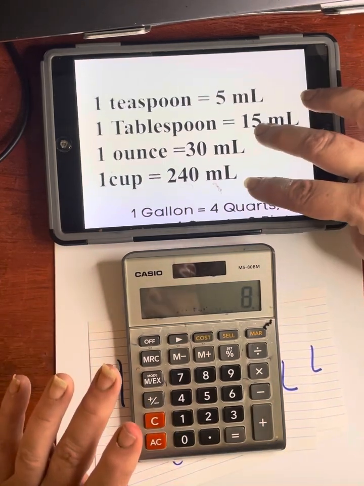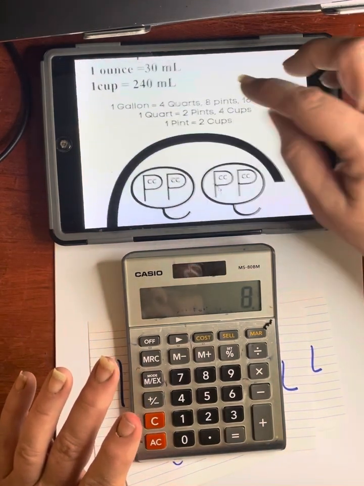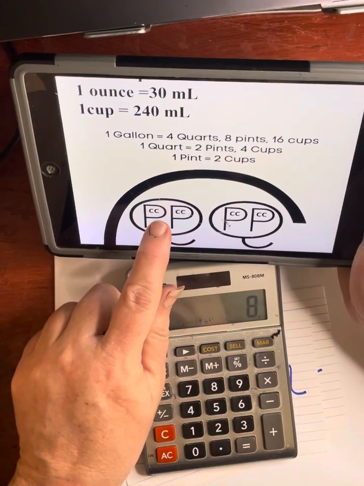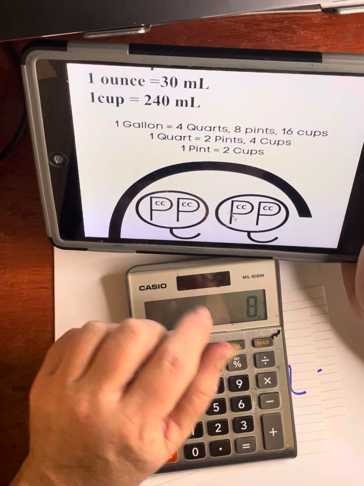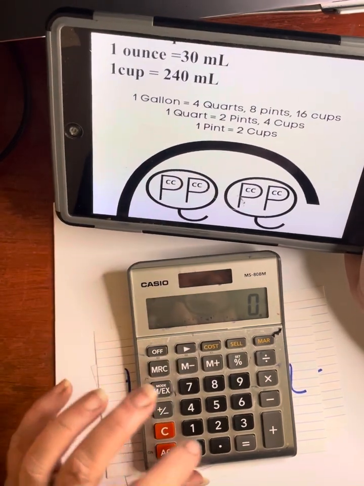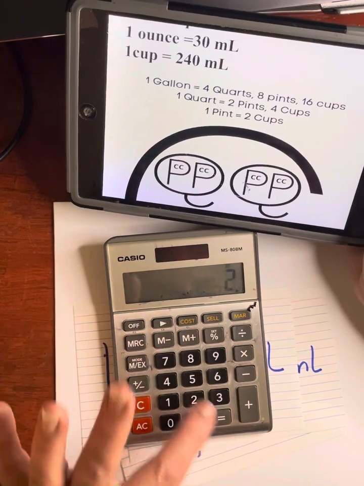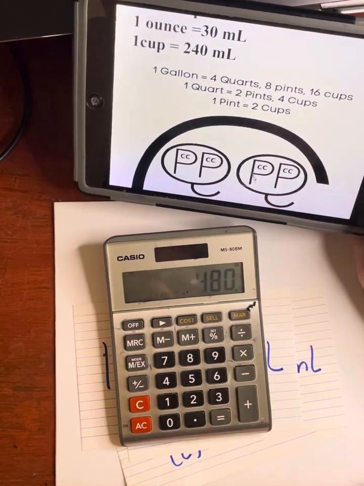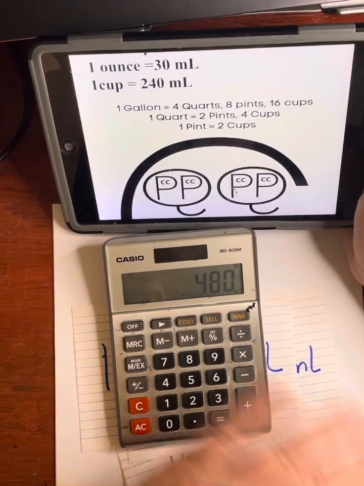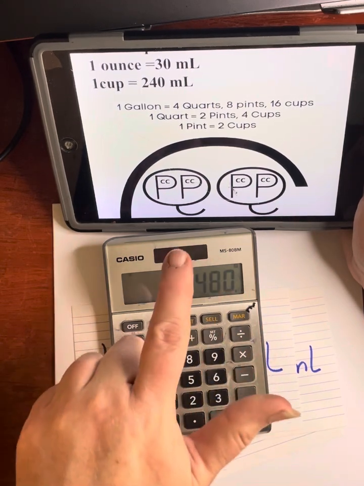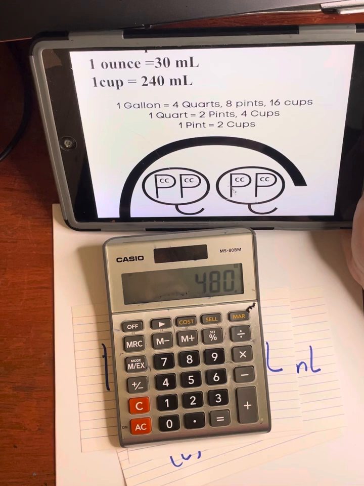And for the other stuff, I don't know if y'all have ever seen this. You probably have. But you see 2 cups makes 1 pint. And so if you know 240 is in 1 cup, and then times 2, a pint is 480. Some people think it's 500, and that's not true. It's 480.